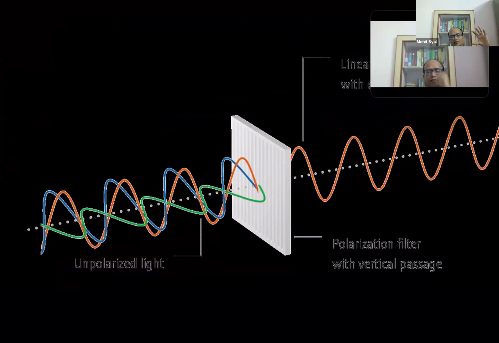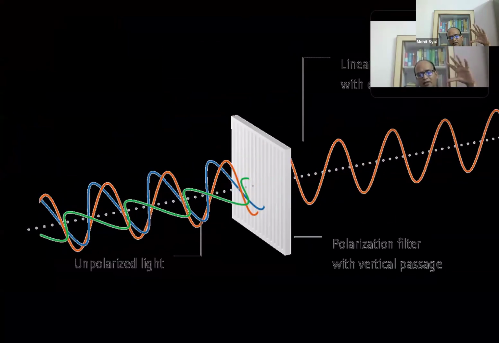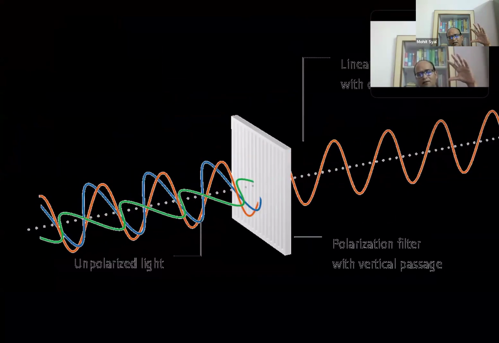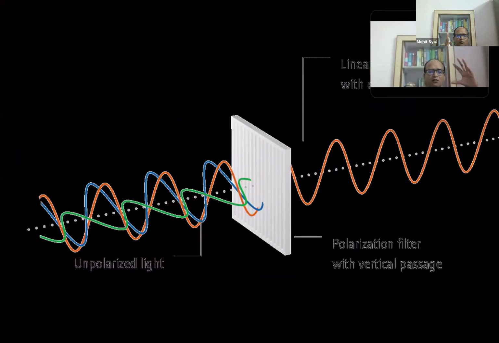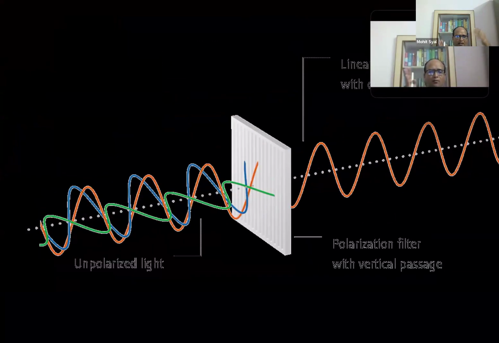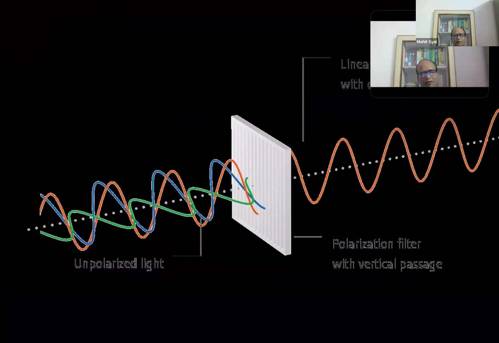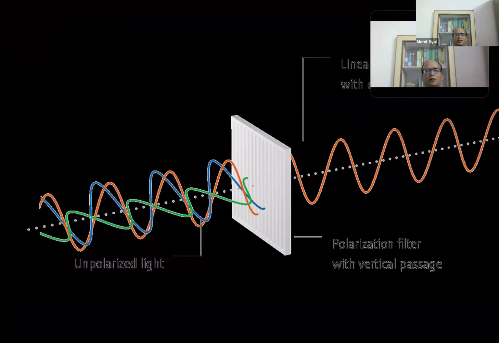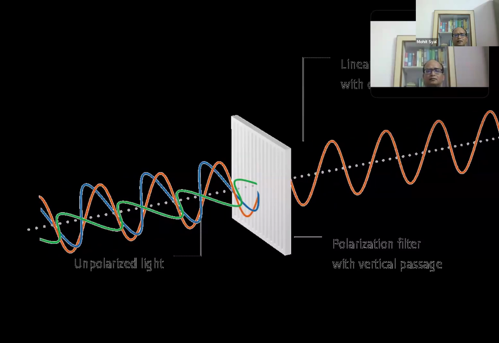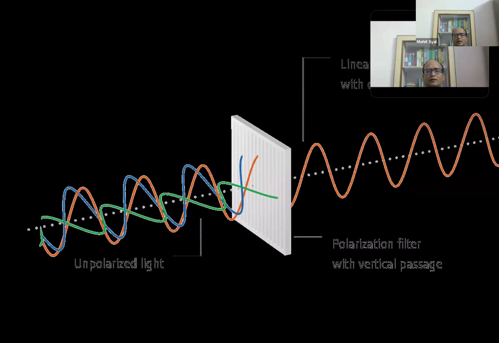Can you see the light waves moving from the left hand side in different planes? And they get filtered out. Only the light moving in one particular plane is allowed to pass through that polarimeter. I hope all of you can see. Marwa, Jesslyn, can you see this? Aisha, can you see it?